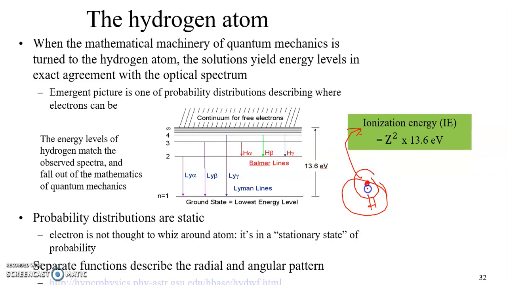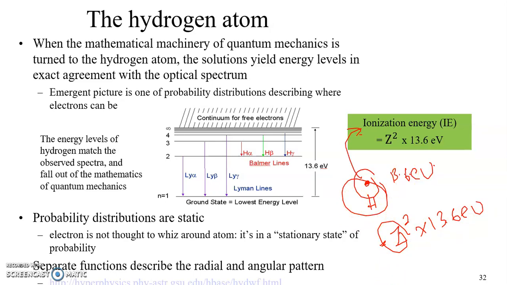To remove this electron completely from the system, the energy needed is 13.6 eV, electron volts. And to remove an electron in any atom, we have this formula: Z squared times 13.6 eV, where Z is the number of electrons.